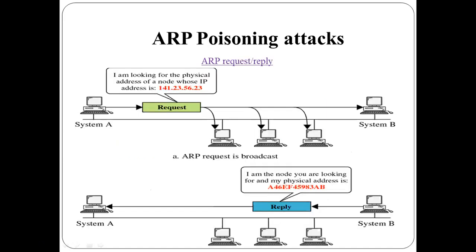Now this is the structure diagram, a simple case: broadcasting, I'm looking for the physical address of a node, IP एड्रेस दिया हुआ है. रिक्वेस्ट ब्रॉडकास्टिंग वे में है और रिप्लाई यूनिकास्ट वे में है.